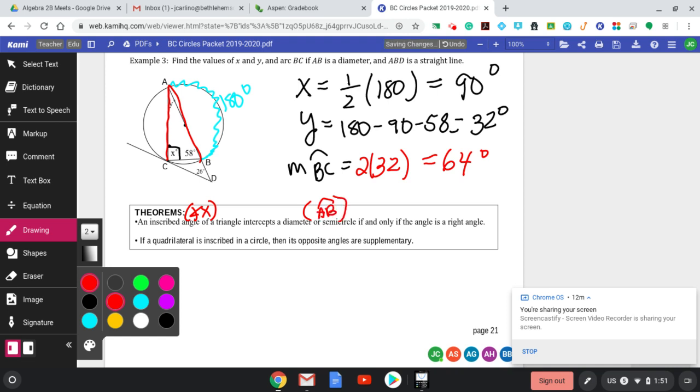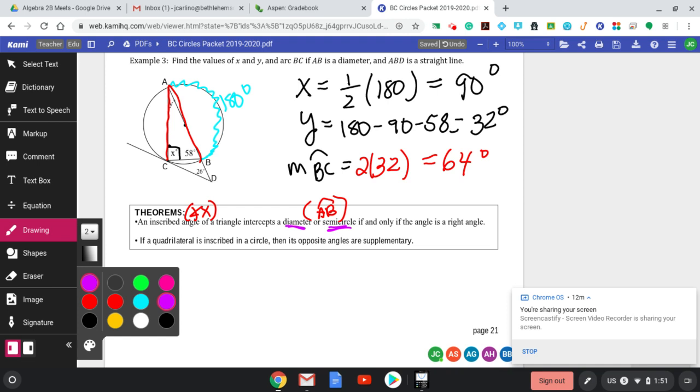It is a right angle. So an inscribed angle that is drawn to a semicircle or a diameter, you can use either word, is a right angle.